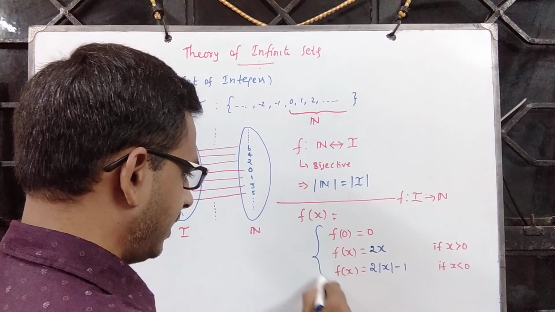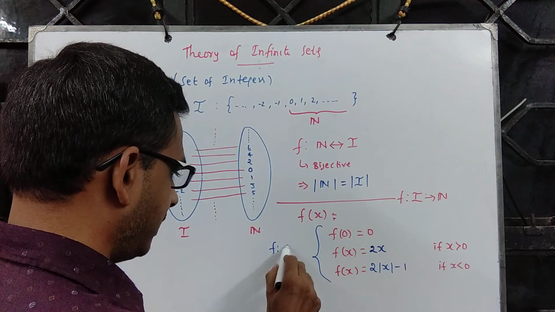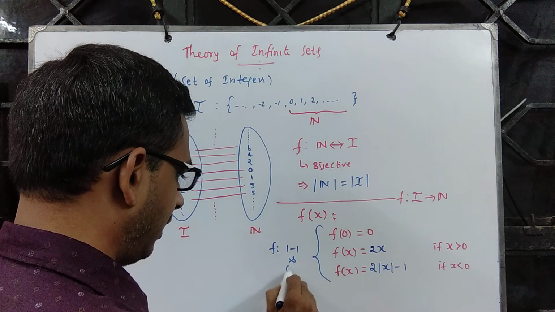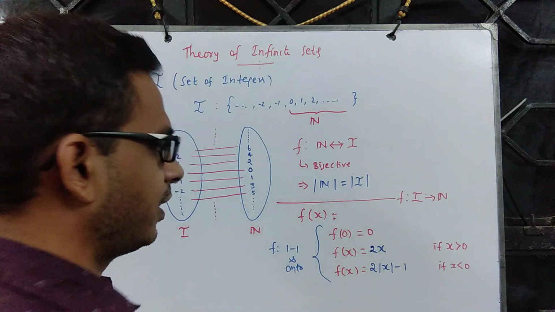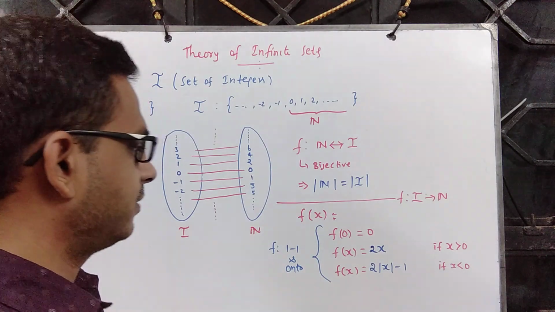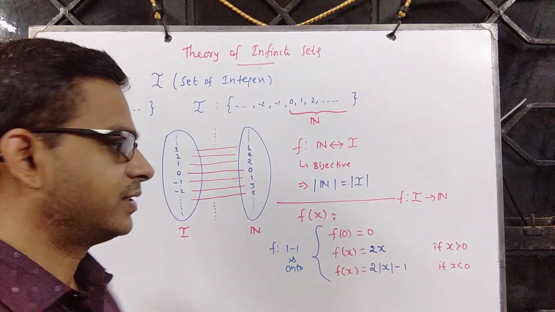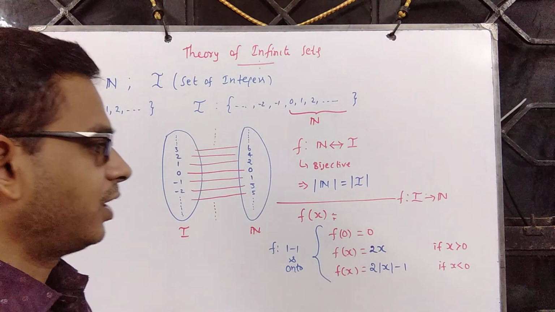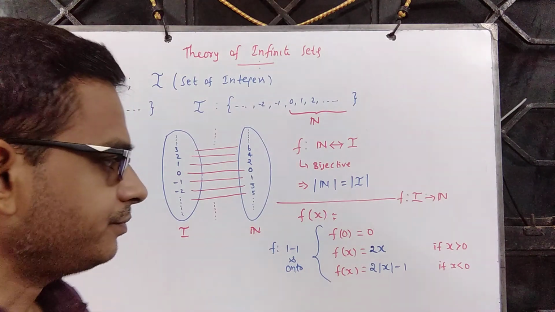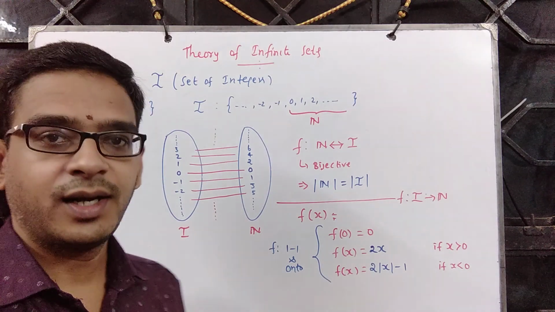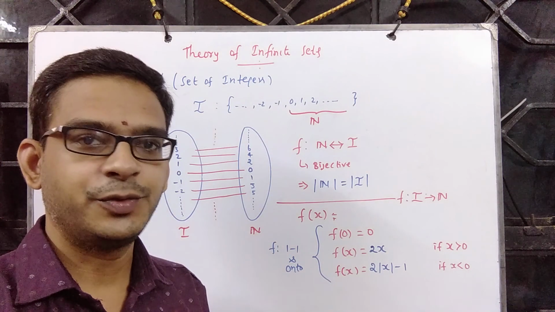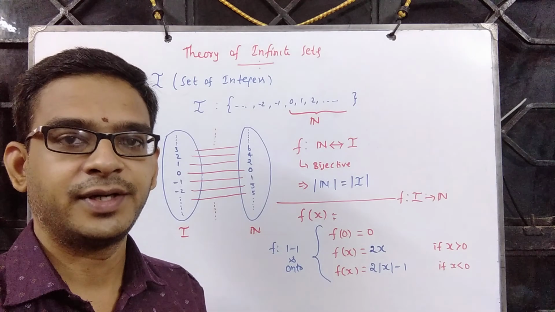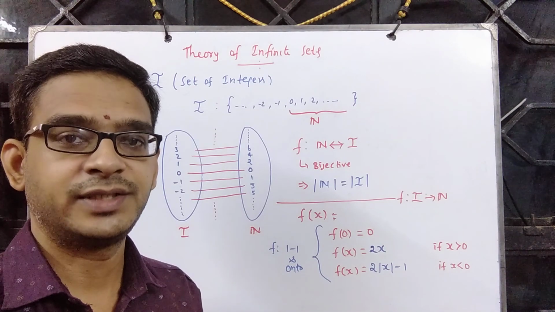And you can see that this map is 1 to 1 and onto. Therefore, f is bijective and these two have same cardinality. Now what we will do, we will take our underlying set to be, say, the set of natural numbers or set of integers.